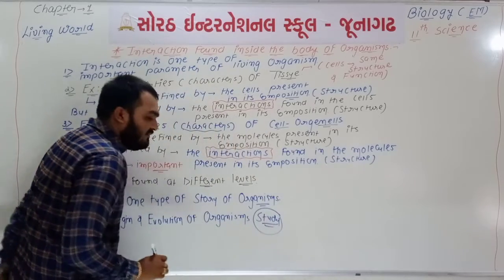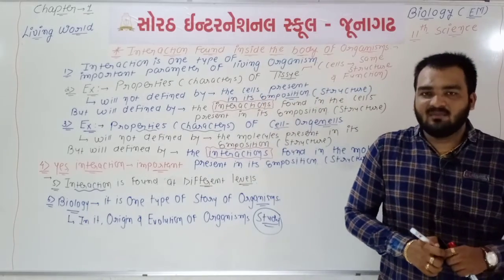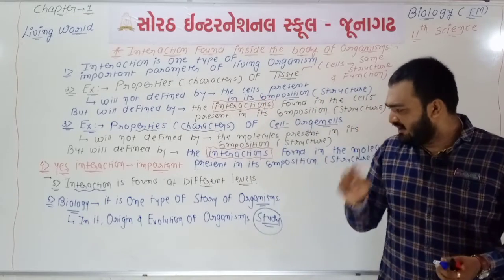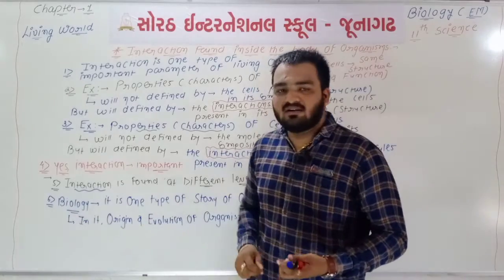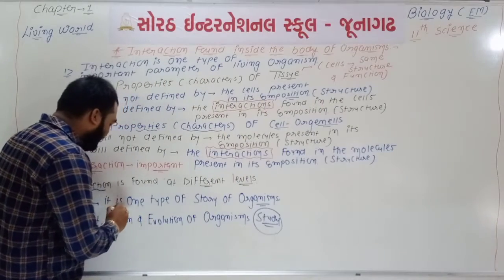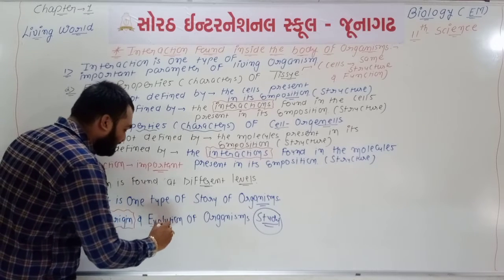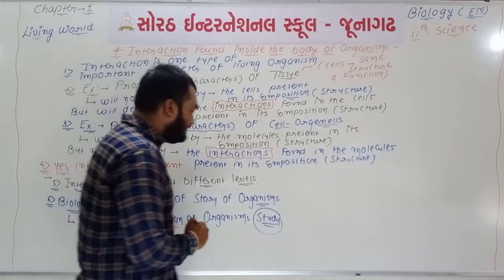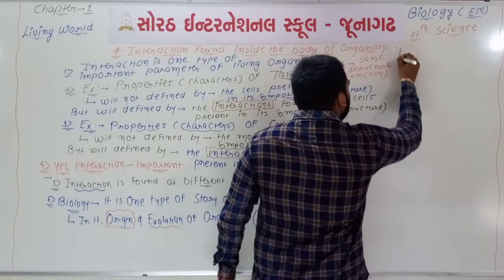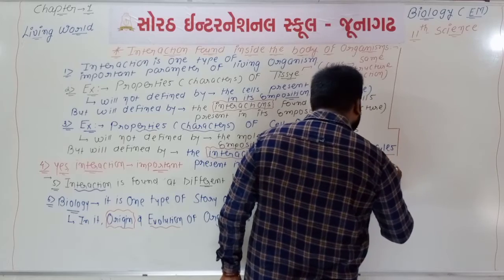So you will remember that in biology the story of organism will be studied, and in biology two words are there. The first one is about the origin of living organisms, and the second one is about the evolution. Both will be studied in biology. So point number 6 is completed.